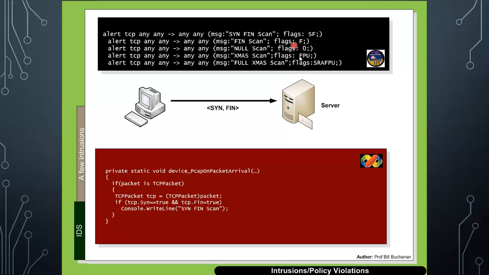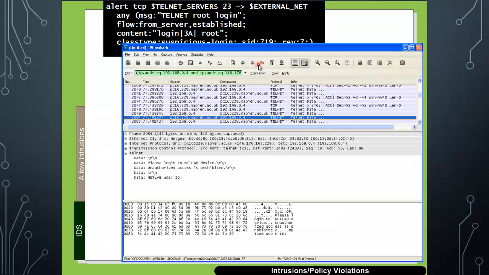A null scan has no flag set for the TCP parameters. A Christmas tree scan is a FIN, a PUSH, and an URG. And a full Christmas tree scan is all of the flags set together. So this will allow us to detect that type of scan.